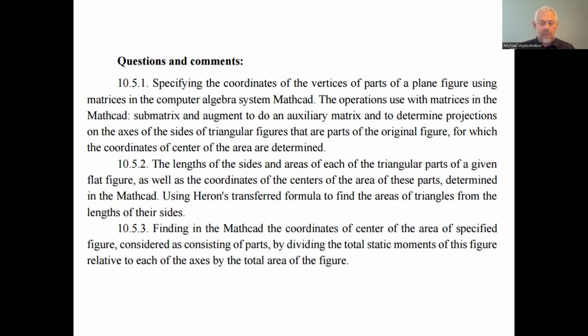We can do the projections by the definition of the auxiliary matrix. We have to relocate the columns of the first matrix, the first set matrix of the geometric coordinates of the abscissas and ordinates of the vertices of the simple triangular figures in which we separated the assigned multi-angular figure.